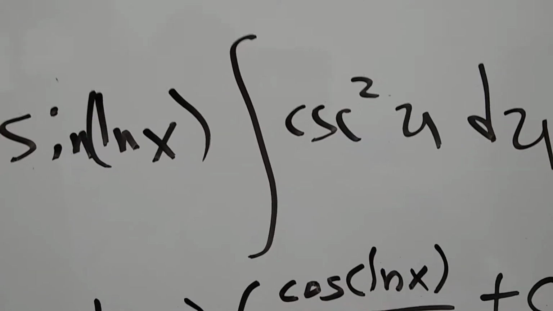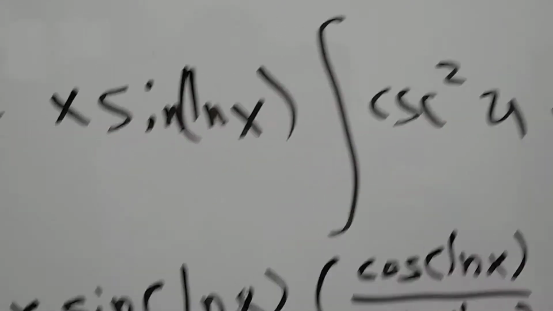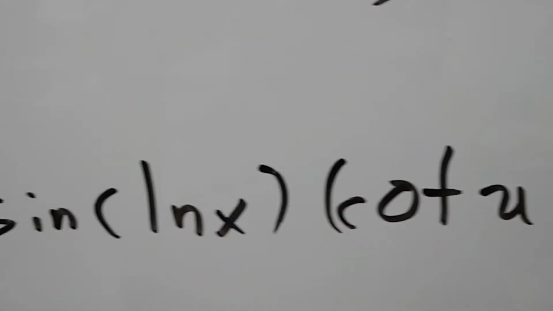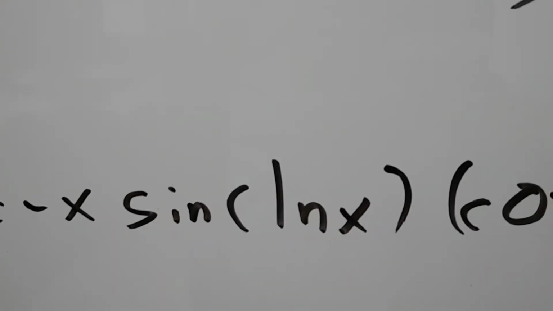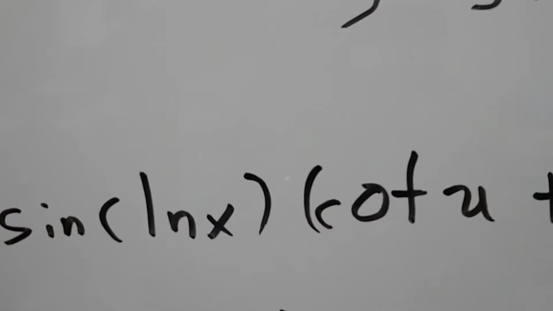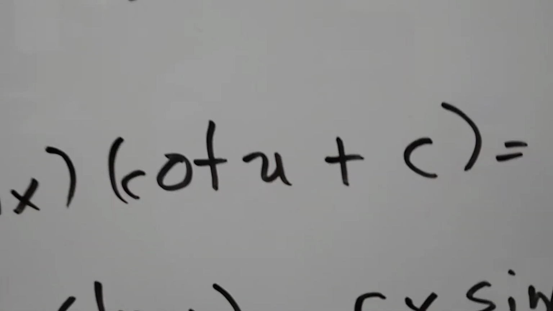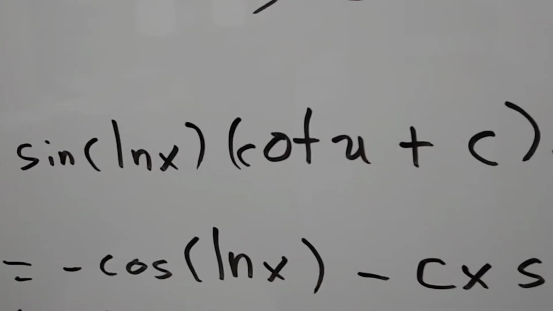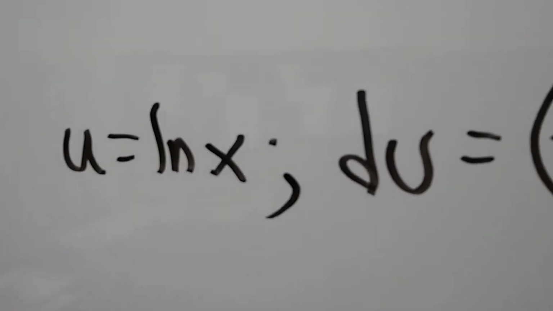And of course the antiderivative of cosecant squared is negative cotangent of u. So I got negative x sine ln of x cotangent of u plus c, since it's an indefinite integral. But my u, first of all, was ln of x for my substitution.